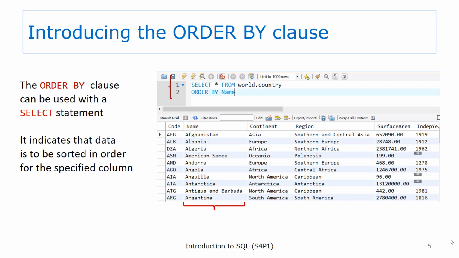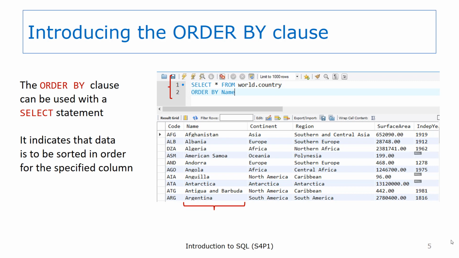The good news is the order by clause is really easy to use, and it provides exactly what you need, a guaranteed sort order. As you can see on this slide, the order by clause follows the column specifications and the from clause. In this example, the select is a select all using the asterisk character. Notice that the order by clause is written as two separate words, order and by.